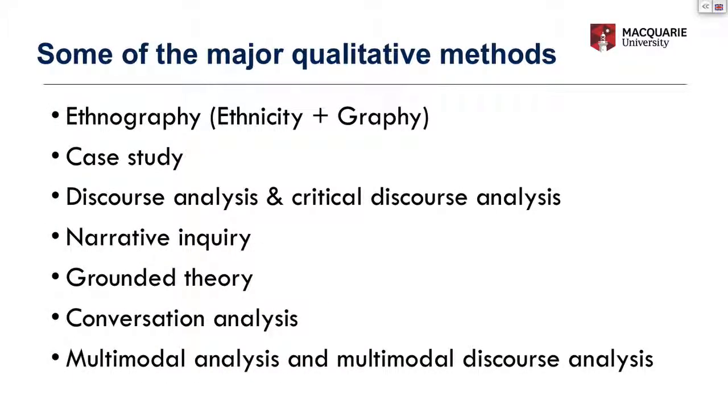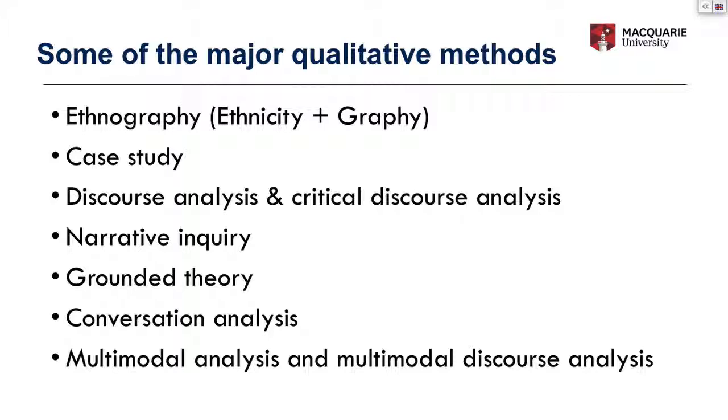Some of the major qualitative methods that could be found in research methods textbooks and in the literature on research methodology are ethnography, case study, discourse analysis and critical discourse analysis, narrative inquiry, grounded theory, conversation analysis, and multimodal analysis and multimodal discourse analysis.